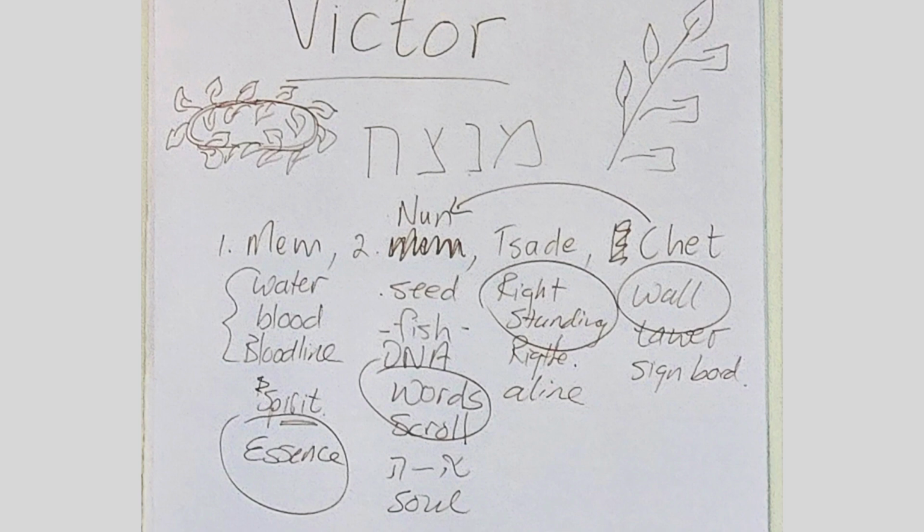So if you have essence, or the spirit carrying words, that brings right standing to form a wall, I can also see, besides that, it is a road that directs you to be an overcomer.